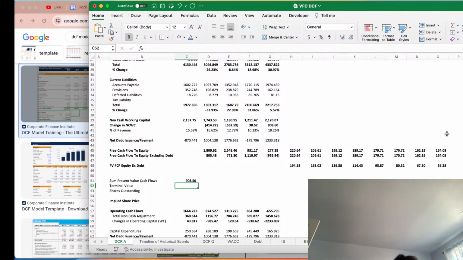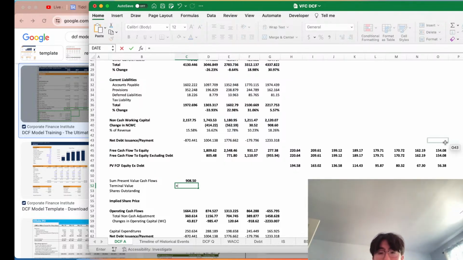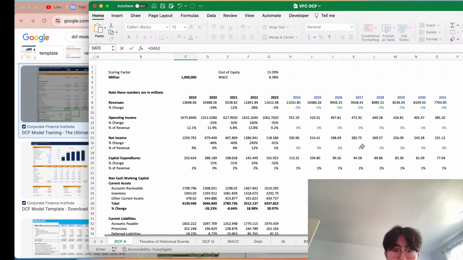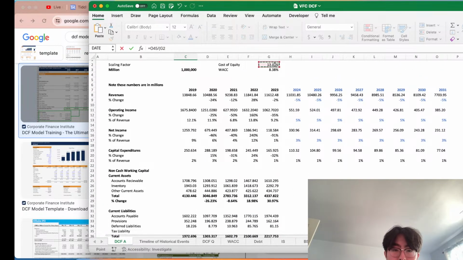Oh, so that's, let's say we have divided by cost of equity minus, say, 1%, 0.01.